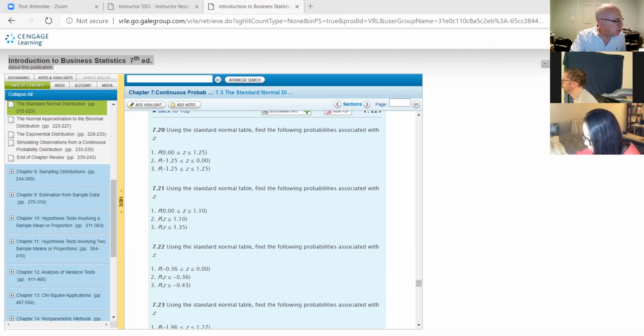I'm having trouble figuring out what Excel formula to use. Let's use the formula we've been using, the normal.dist. Just change the mean and standard deviation to 0, 1. Oh, okay. The standard normal. The random variable z, if you see it, it means standard normal. That's automatically 0, 1.